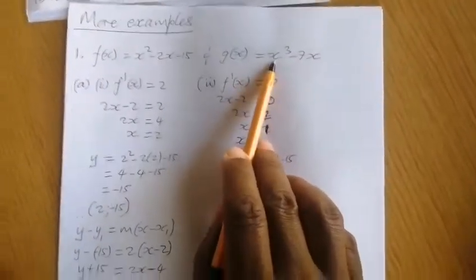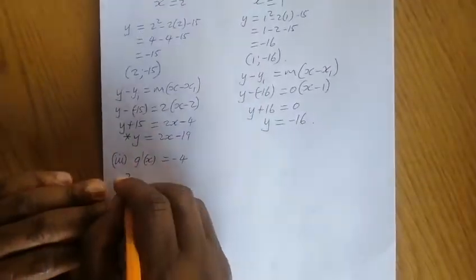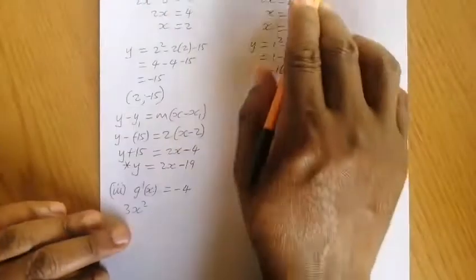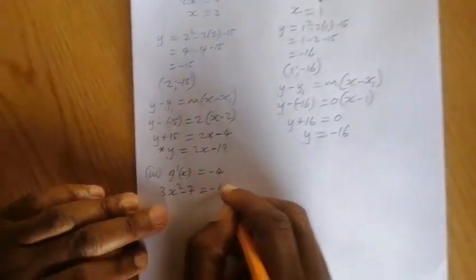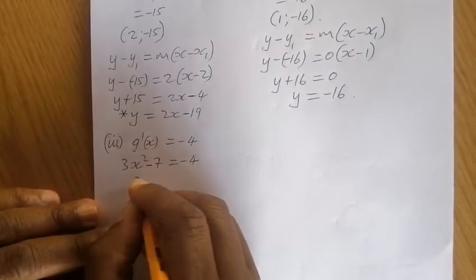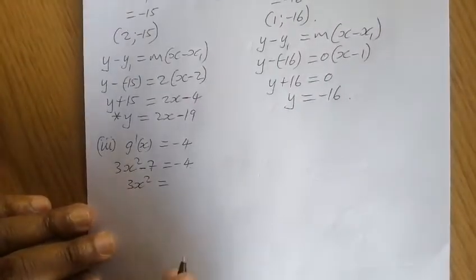G is defined by x cubed minus 7x, which means the derivative of that is 3x squared minus 7, which is equal to minus 4.